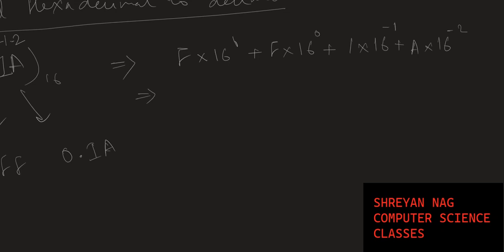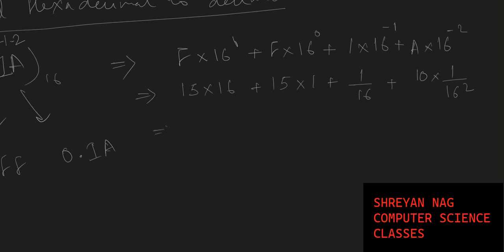So 15 into 16, plus 15 into 16 to the power of 0, which is 1, plus 1 by 16, plus 10 into 1 by 16 squared.